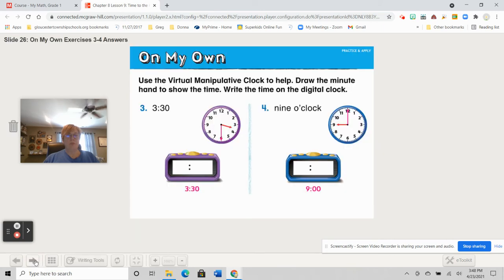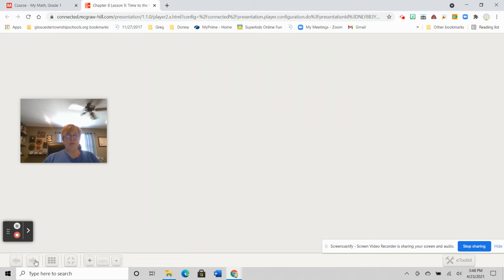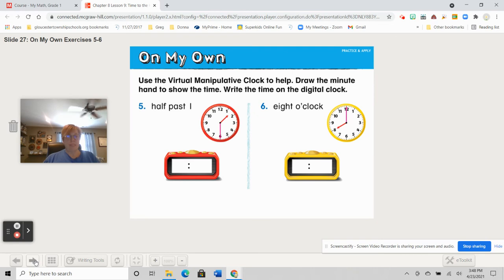And there are your times. Okay, number 5 and number 6. Draw the minute hand and write the digital time. There you go.